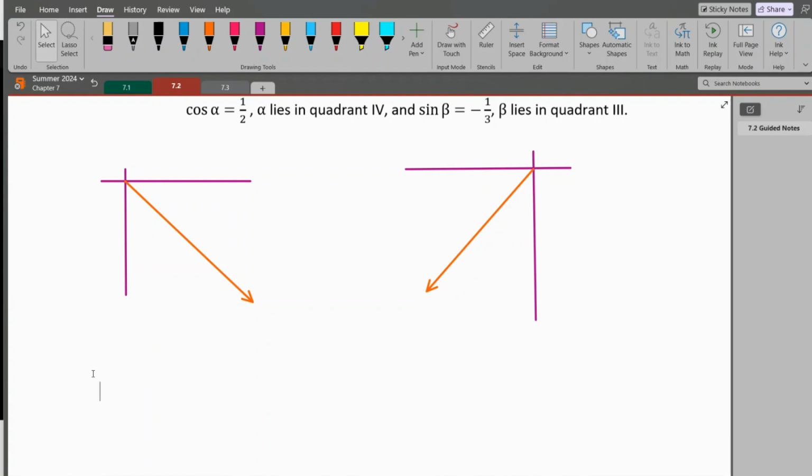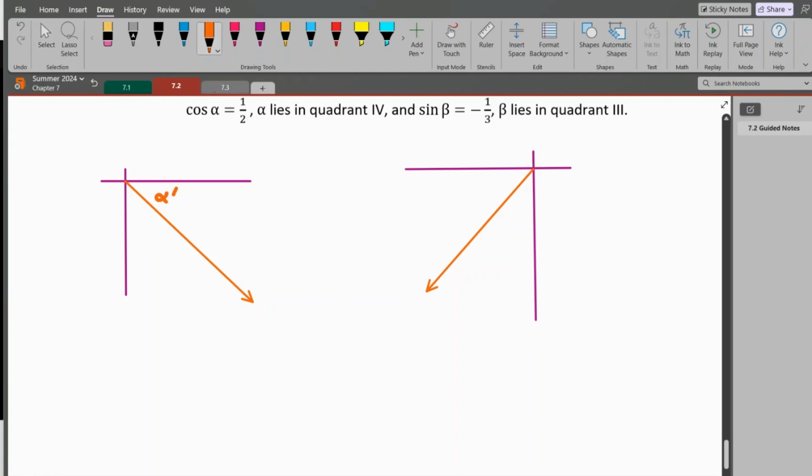So the best I can say is that this is my reference angle for alpha, and this is my reference angle for beta. But what that allows us to do is make a triangle. And maybe I'll do that over here too.